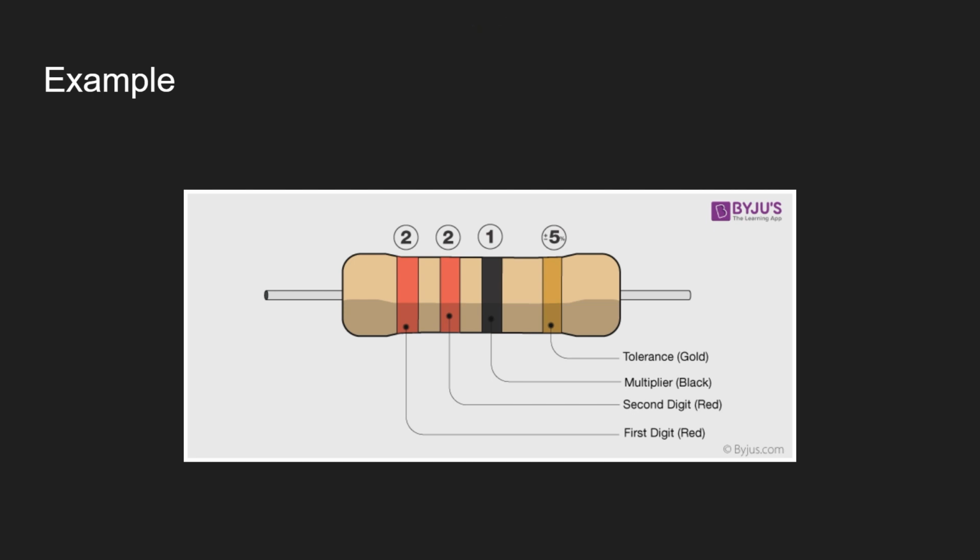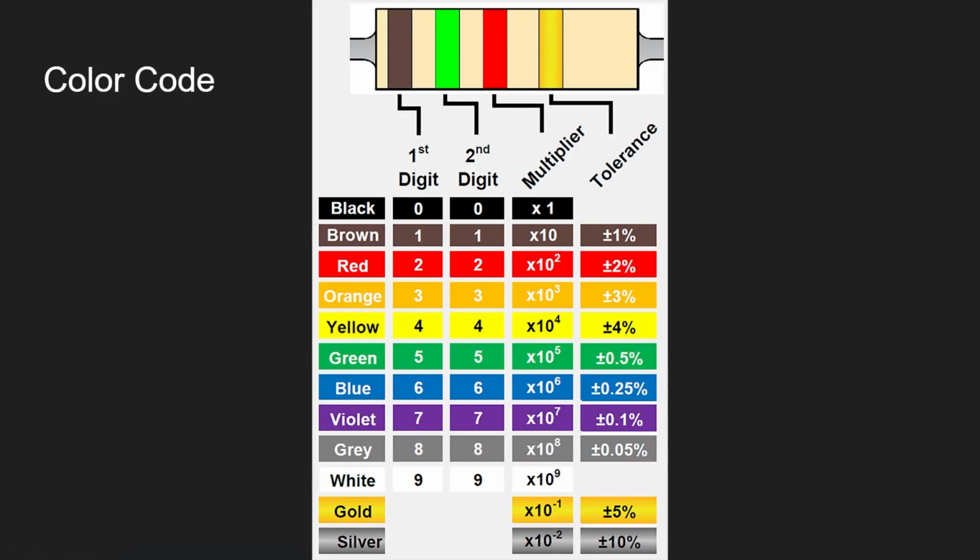You see the gap here is larger, so these three bands are closer. And the first band, this first red, is normally closer to the end of the lead of the resistor. It's not obvious here, but on your previous diagram, it's very obvious. This one, right? The brown band is closer to the end, and then the tolerance band. Okay.